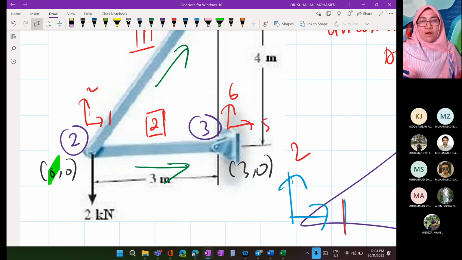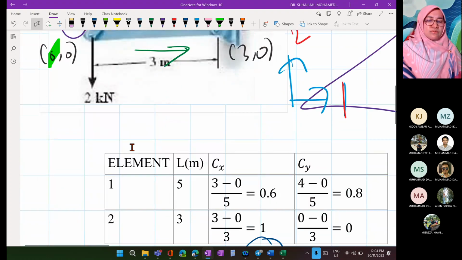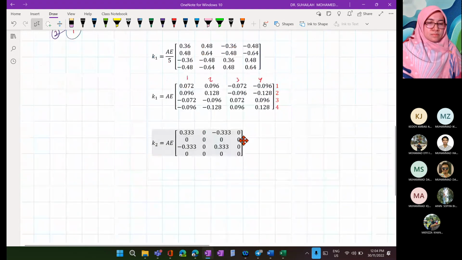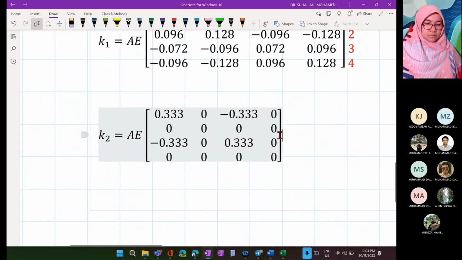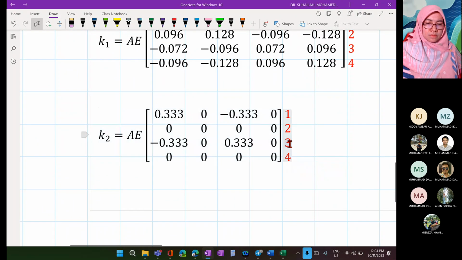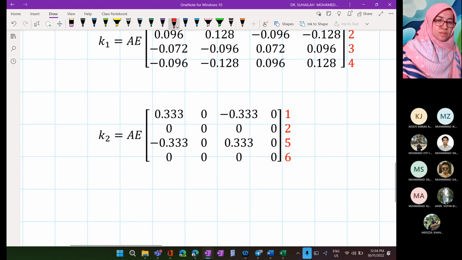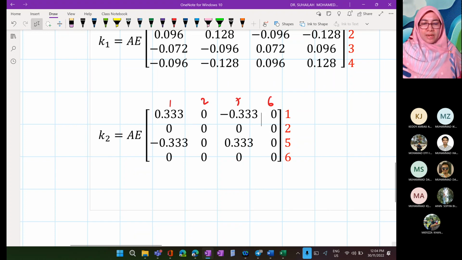So we will label degree of freedom as 1, 2, 5, 6. So same, we need to label the horizontal one as well. So this is K2, K1 and K2.